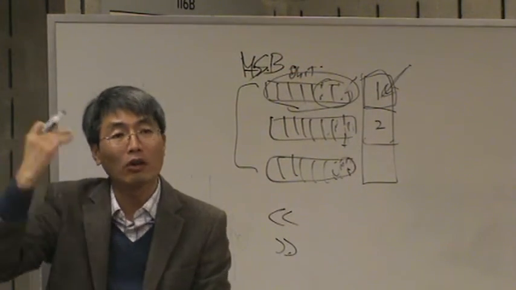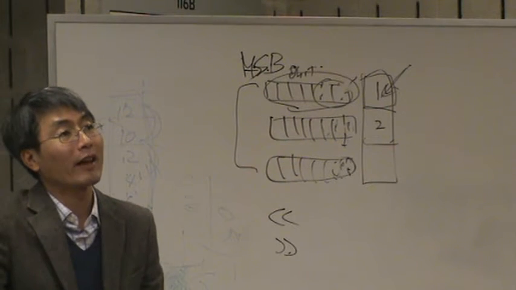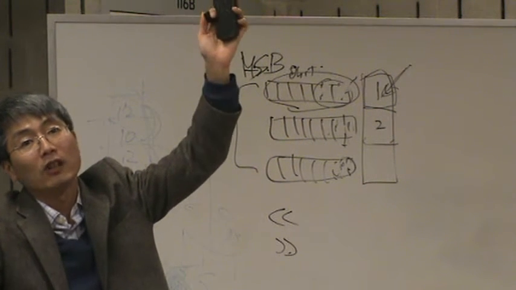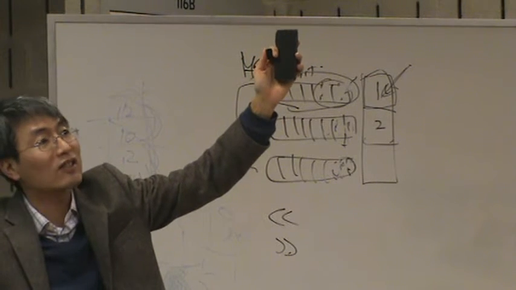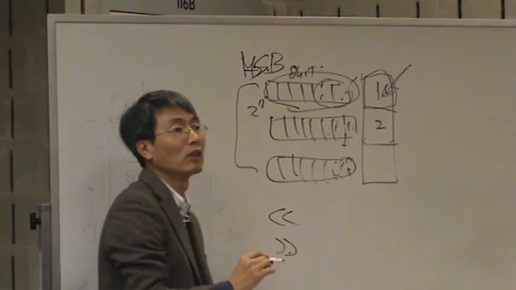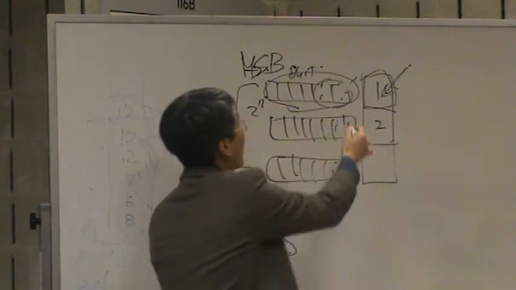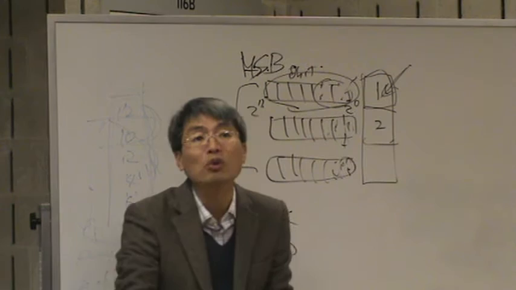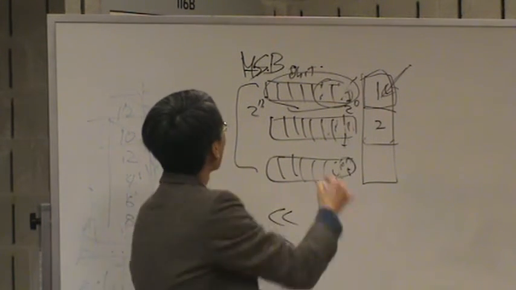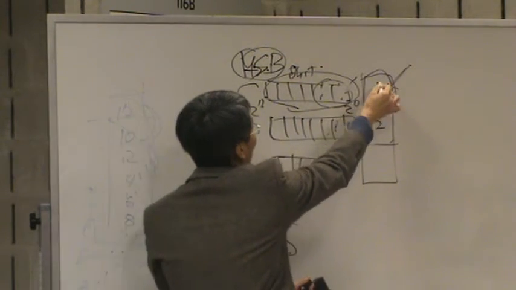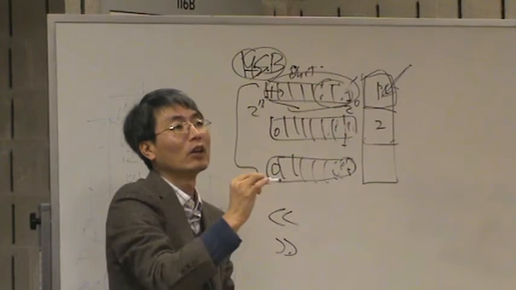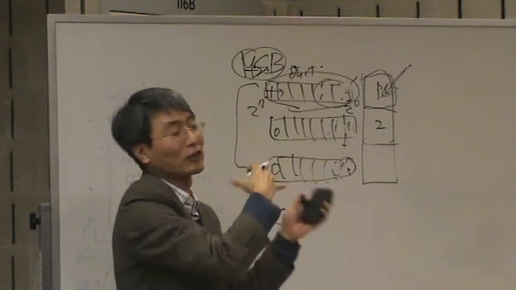Can you remember from your microprocessor or assembly language? The left-hand side is the most significant bit, and the right-hand side is the least significant. Why? Because it's 2 to the power of 7, a bigger number. This side is 2 to the power of 0, 0 or 1, the least significant bit. So we start from the MSB. If this one is referenced, it's 1, otherwise 0, and we shift to the right. So it's the opposite of what I said; I'm confused.